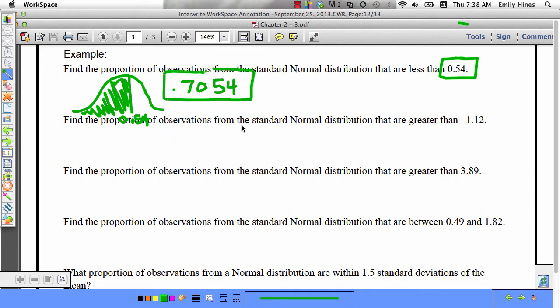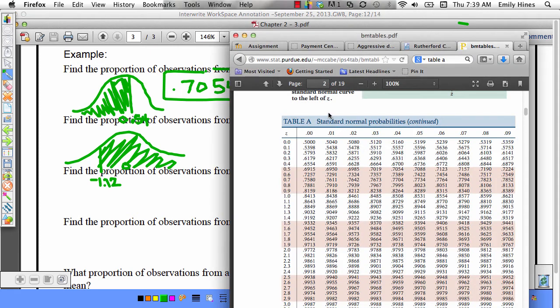If I want to find a proportion that are greater than negative 1.12, so the mean is here, that would be down here, and I want to find the ones that are greater. So I draw my picture, I go to Table A, and I can do one of two things. I can find what's less than negative 1.12 and subtract from 1.